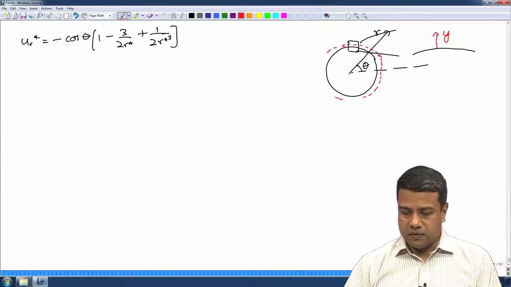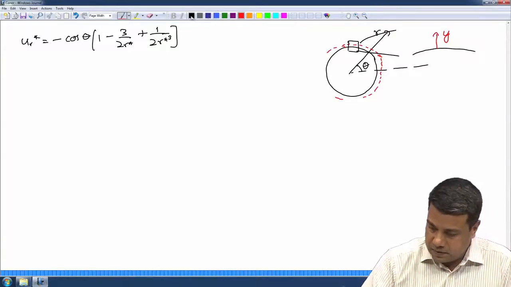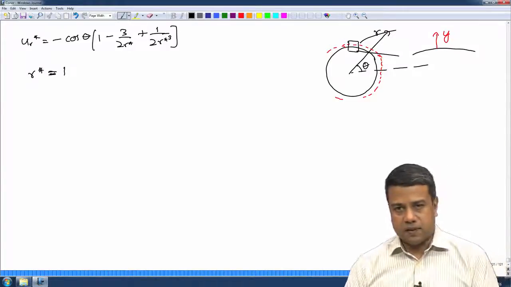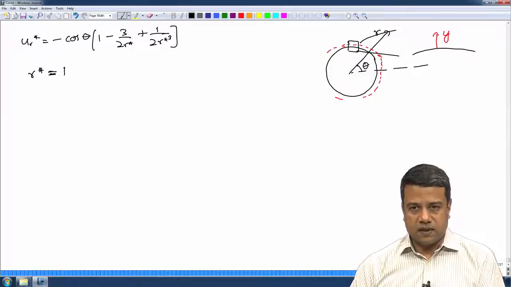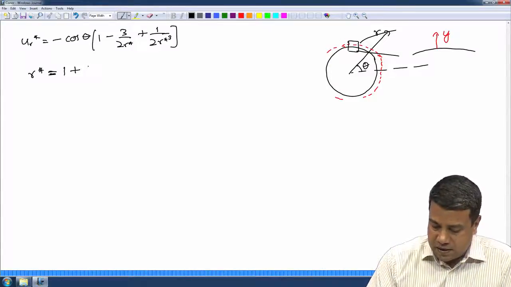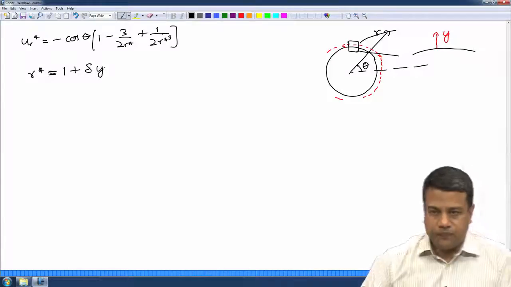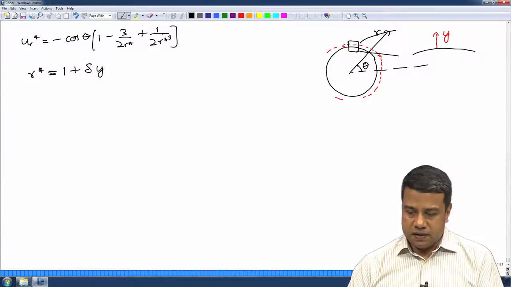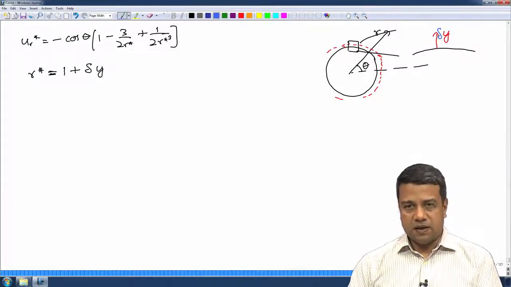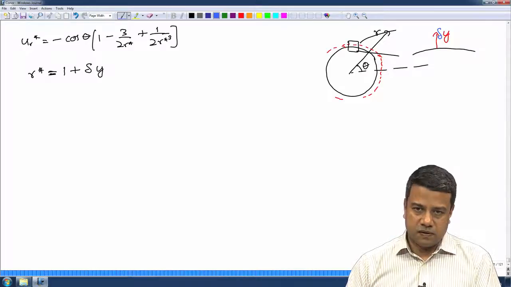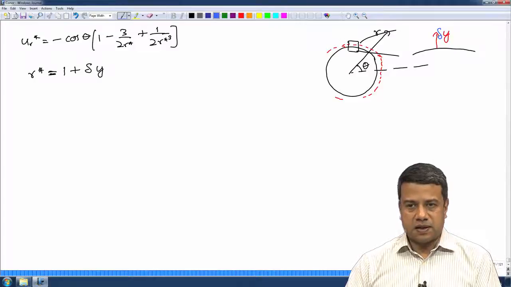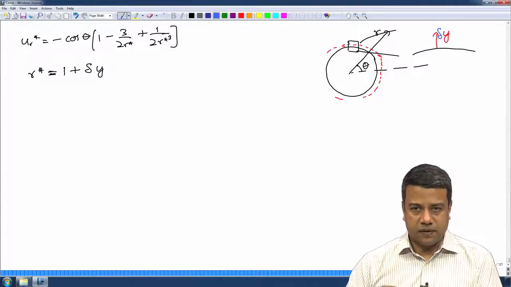I will define this coordinate as r star. R star is equal to 1 is the surface, because r is equal to capital R. The distance from the surface, I will write as r star is equal to 1 plus delta times y, where delta is the boundary layer thickness, which goes to 0 as the Peclet number goes to infinity in such a way that convection and diffusion are of equal magnitude.